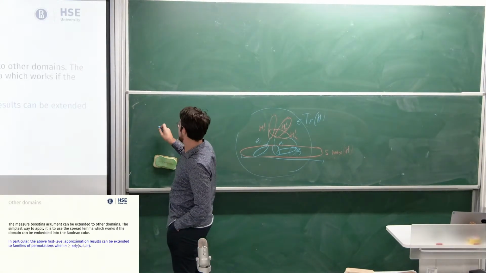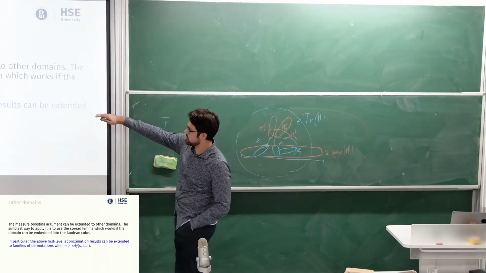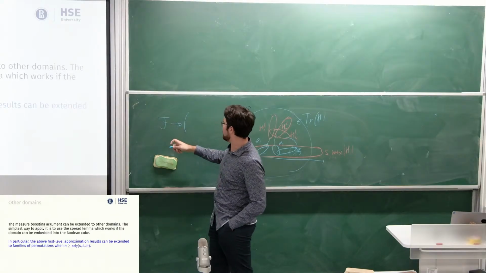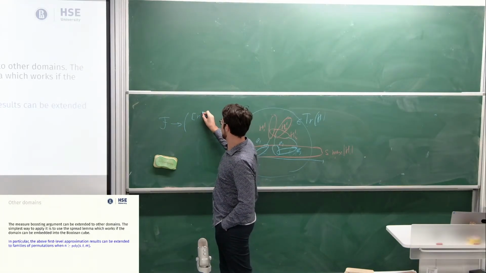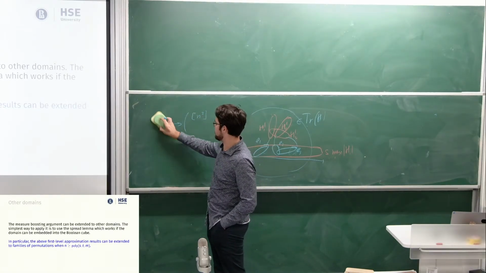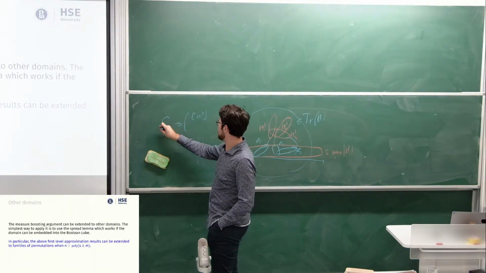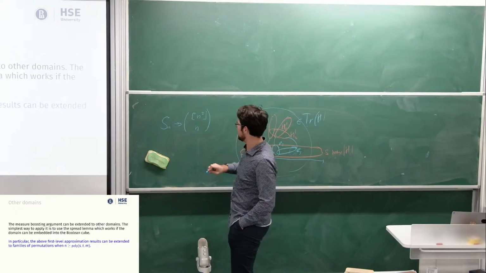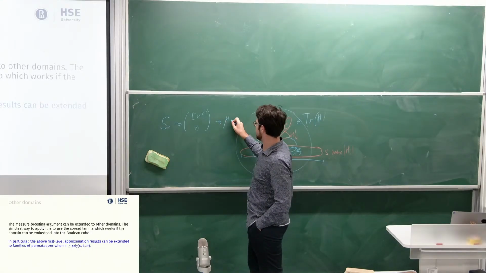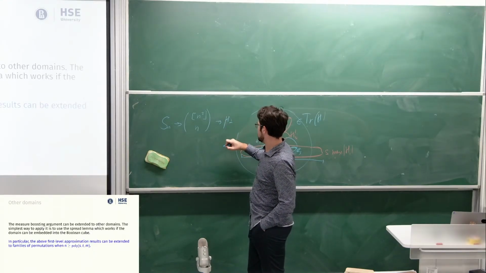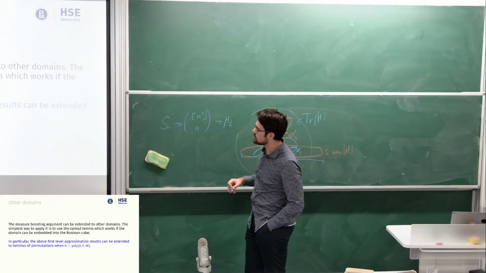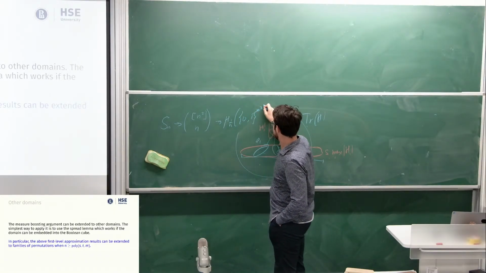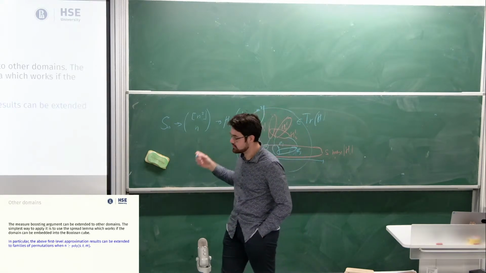For example, for the symmetric Boolean cube, it's enough to embed f into n squared choose n, and this can be embedded into 1 over n of 2 to the n squared, for example.